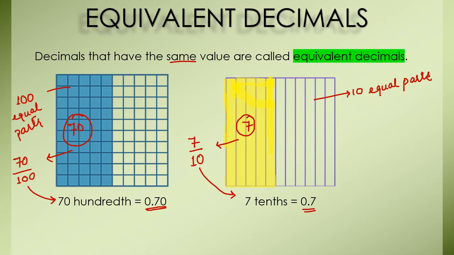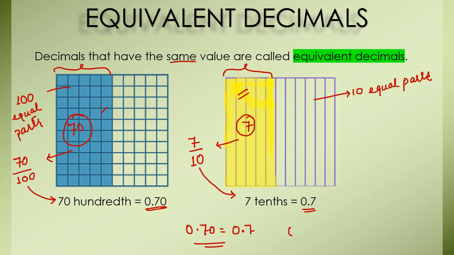But you can see the value of both is equal. You can see the number of shaded parts, the proportion of the shaded part in both figures is the same. They both have the same value, which means that if we add 0 at the extreme right place of any decimal, that does not change the value of the decimal, which means 0.70 and 0.7 are both equal since the 0 does not have any value.